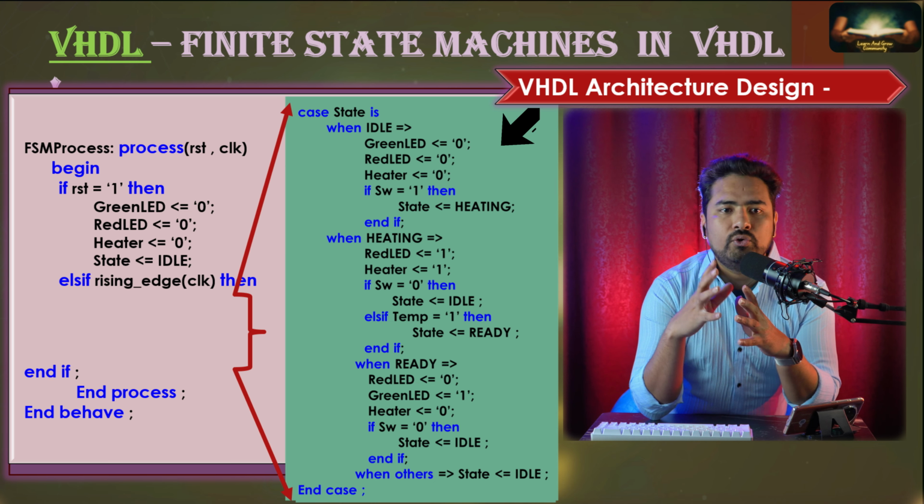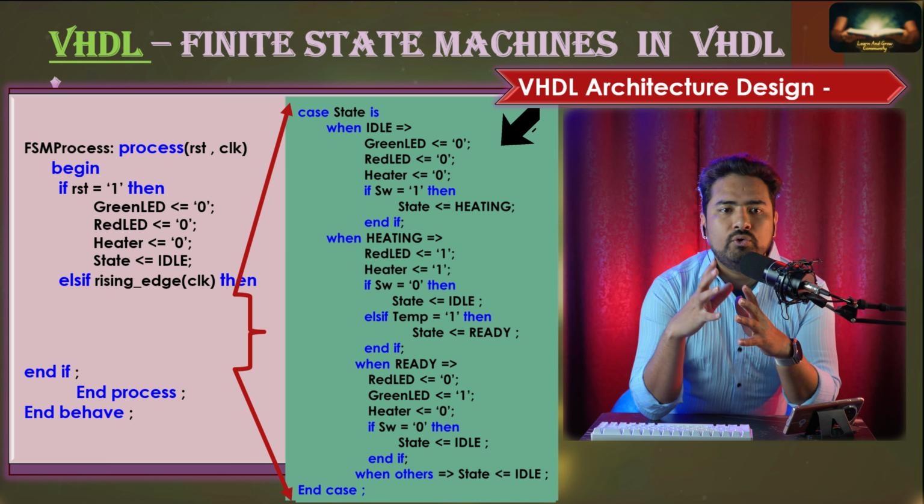When heating, red LED is 1, heater is 1, if switch equals 0, then state is idle, else if temp equals 1, then state is ready. When ready, red LED is 0, green LED is 1, heater is 0, and if switch equals 0, then state is idle. When others, state is idle. End case.